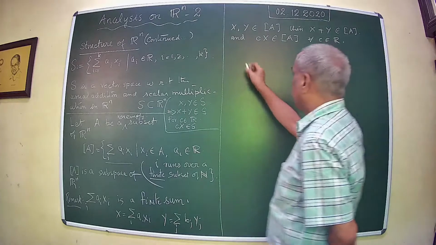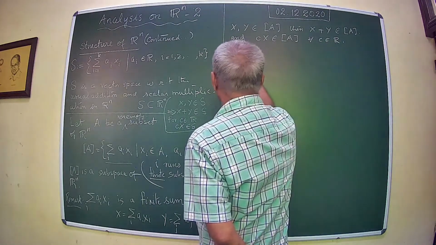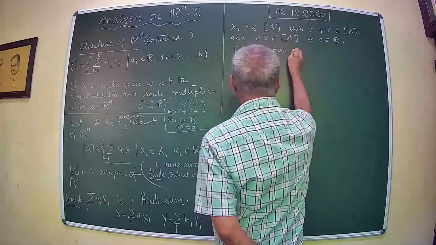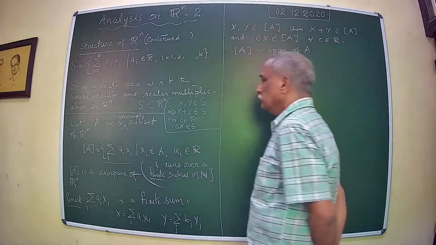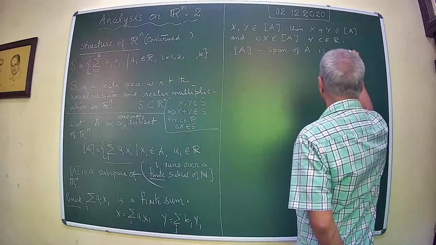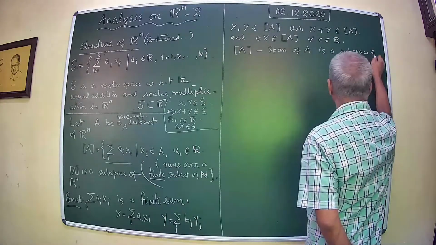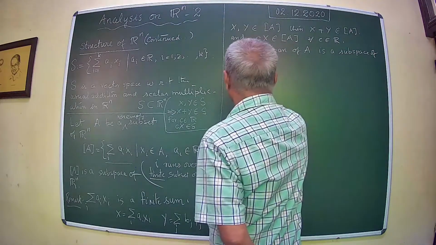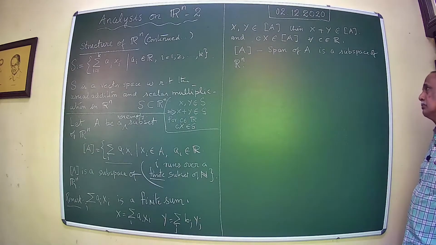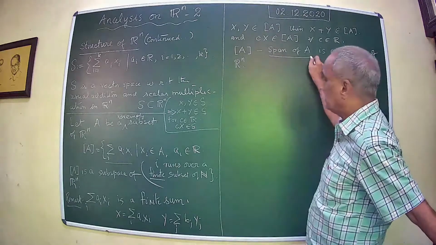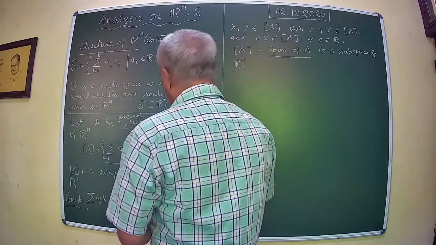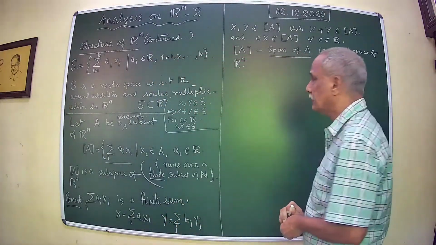Or you say this is a vector subspace. So this is called the span of A. Span of A is a subspace of Rn. But I want to make a comment that the sum that we talk about is only a finite sum.